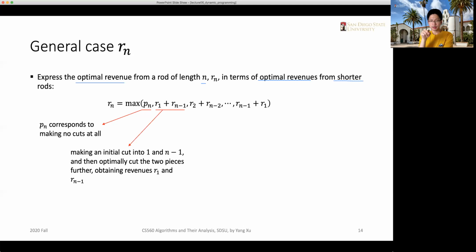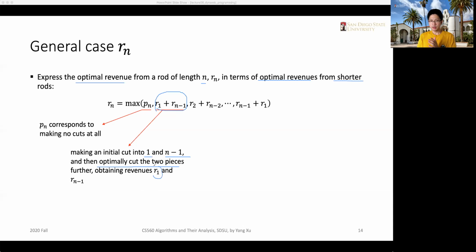And the second option here, R1 plus Rn minus 1, actually refers to the solution that first makes an initial cut to the rod so that it becomes lengths 1 and n minus 1, and then we optimally cut the two pieces further.